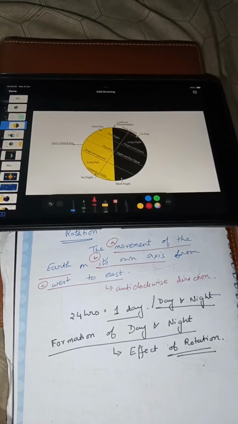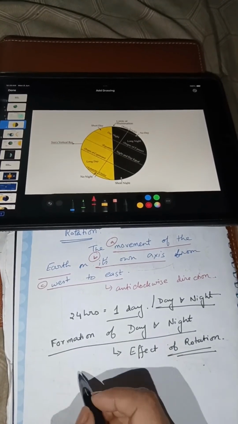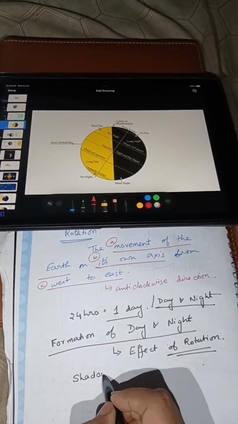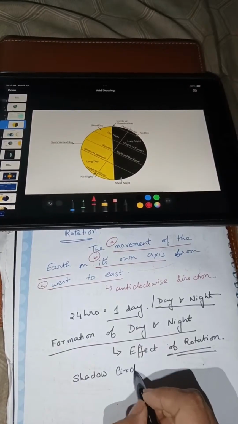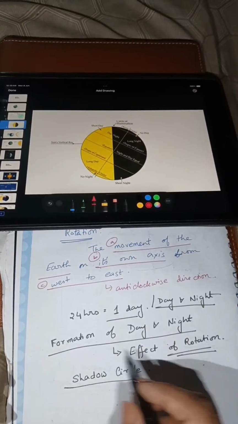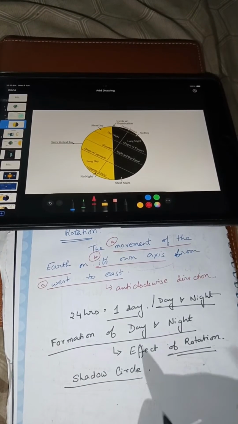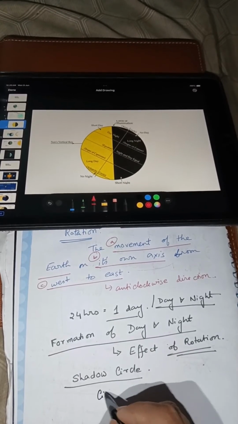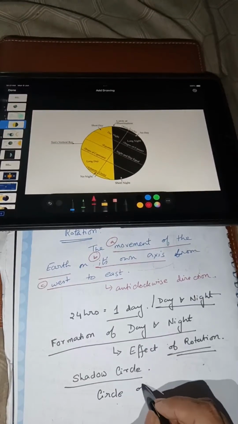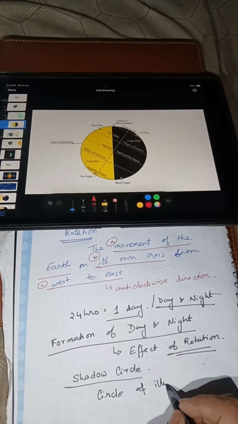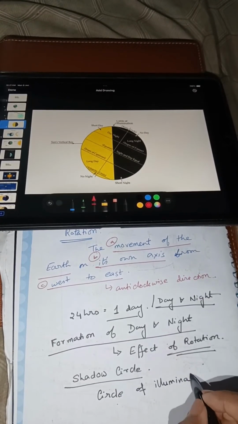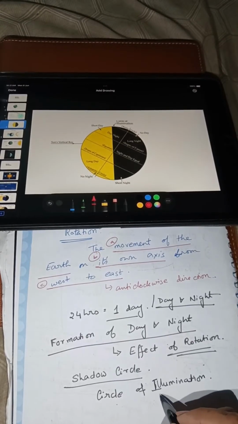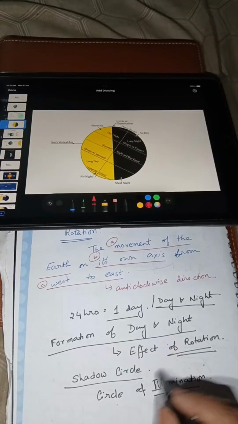Now why this happens, before that I would like to discuss with you the shadow circle or circle of illumination. What is the shadow circle? Shadow circle is also called circle of illumination. Illumination, you know, is light.